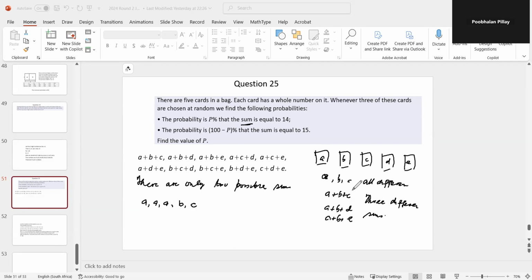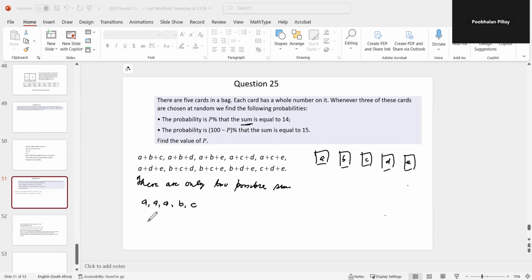Yeah, actually this argument here is not right. Let's just ignore this argument. Sorry. So suppose you got 3 different numbers in the set, right? Then you're going to have these sums here.